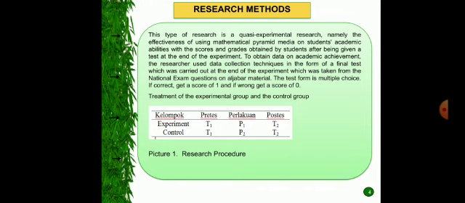The test form is multiple choice. If correct, get a score of 1, and if wrong, get a score of 0. Treatment of the experimental group and the control group. Look at the picture number 1.